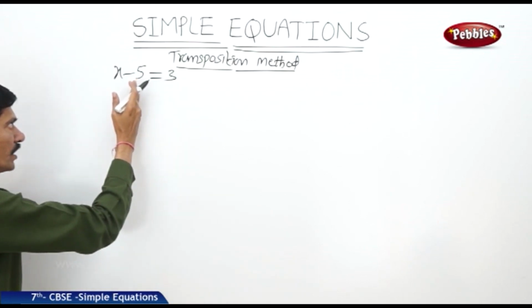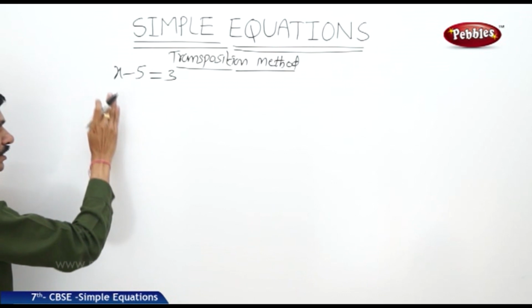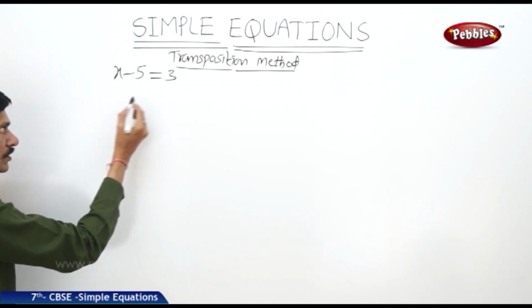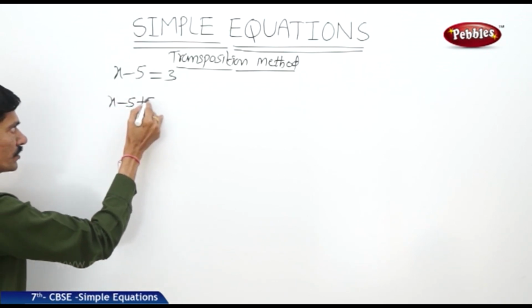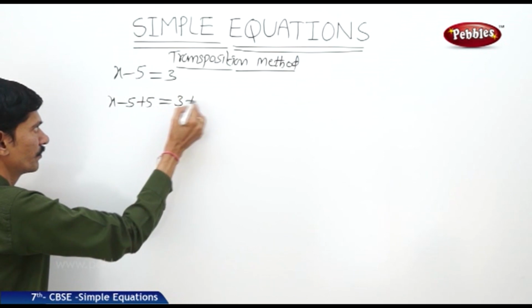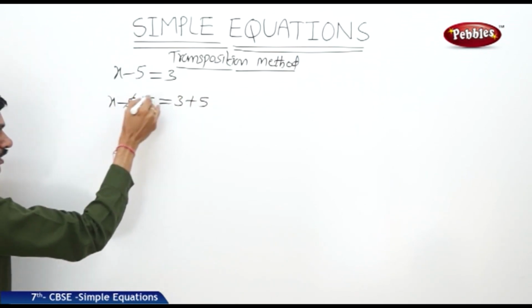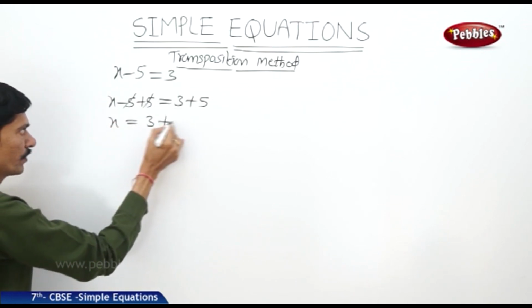Now to cancel minus 5, meaning to get x separated in the LHS, we should cancel minus 5. Then we add plus 5 to both sides. Then we get x minus 5 plus 5 equals 3 plus 5. In the LHS we can cancel minus 5 plus 5. So then x equals 3 plus 5.